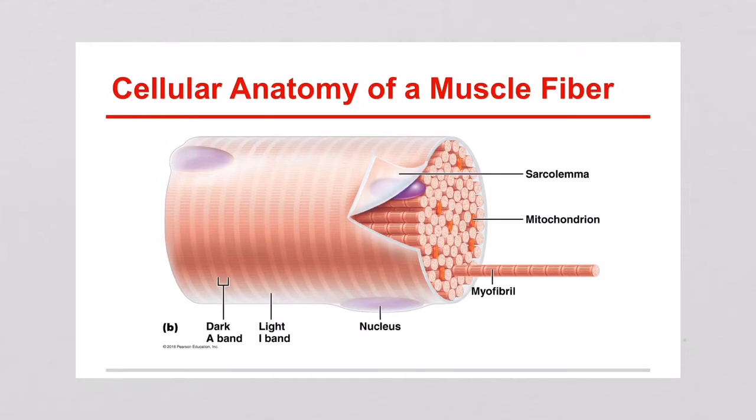It is made of many myofibrils, kind of bundled together. And you can see that the myofibrils are broken down into little segments, and those segments are called sarcomeres. So just kind of keep that in the back of your head. We'll come back to that shortly. And a muscle cell has a lot of mitochondria because it needs a lot of ATP.